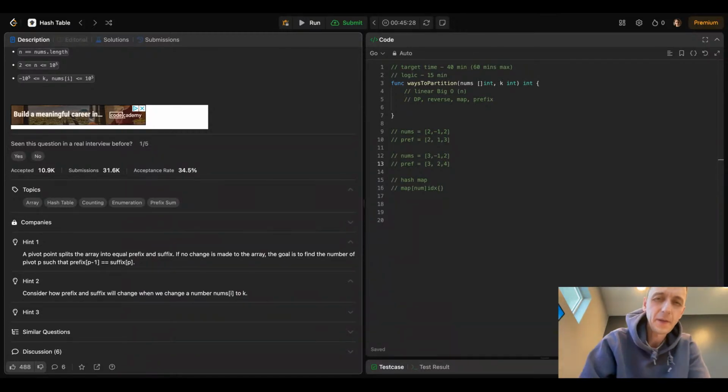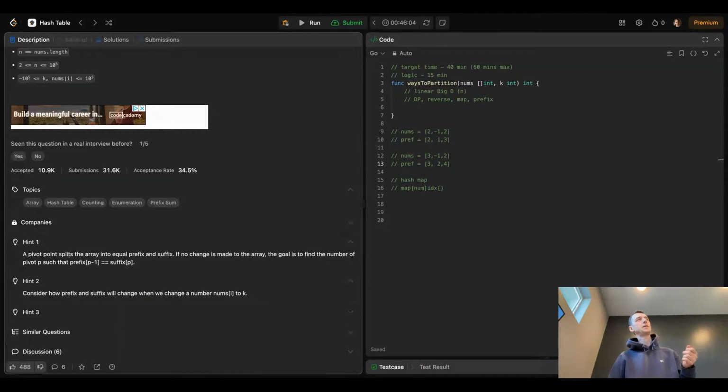If it's in this range, it will change the prefix by the difference. So basically we don't care about which; we just need the value that has the difference.